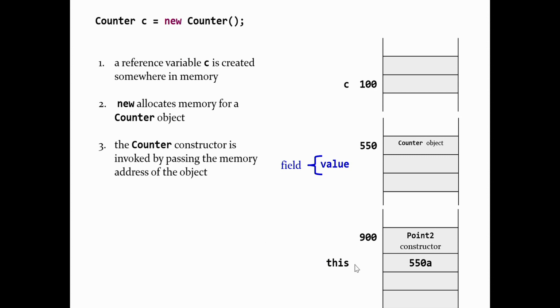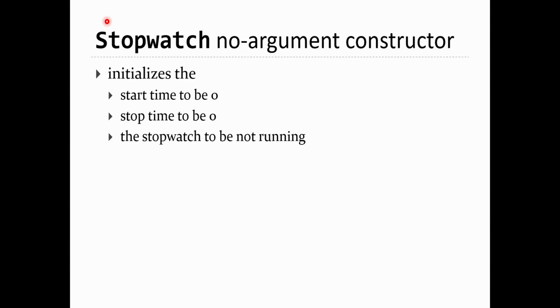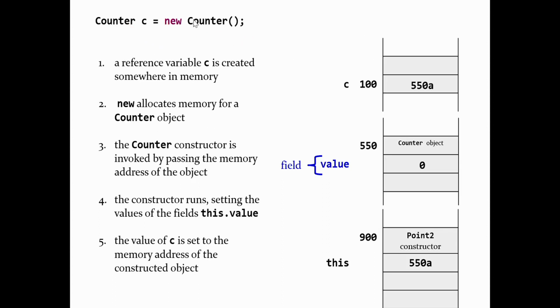Inside the constructor, it has a parameter called this that's set to the address of the object that was just created by new, so it's set to the address 550. The constructor runs, setting this dot value to 0. And now that address gets returned back and stored in c. So it's always the same sequence of steps that happens when you create an object using new.